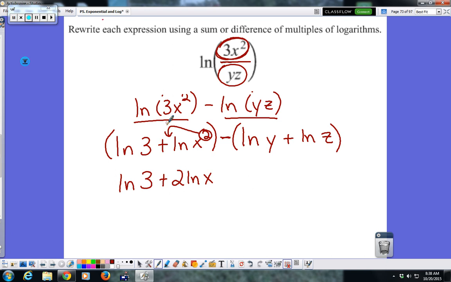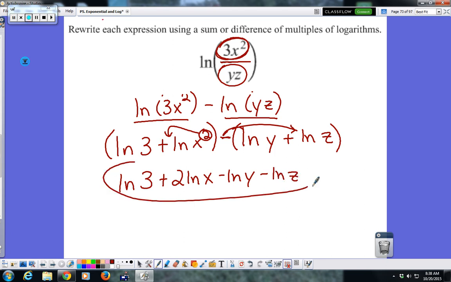The only time you need parentheses is if there's numbers out front, if there's a negative out front, if there's powers or exponents. These parentheses are needed because you have a negative. But if you would like to, you can distribute that negative. And you could write that as minus the natural log of y minus the natural log of z with no parentheses. Then it works out.